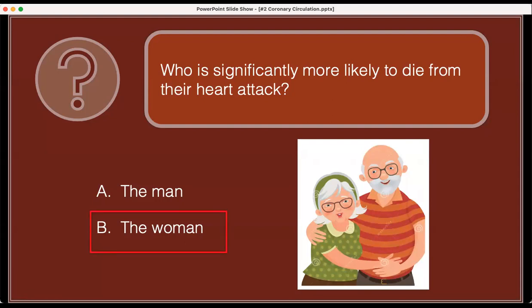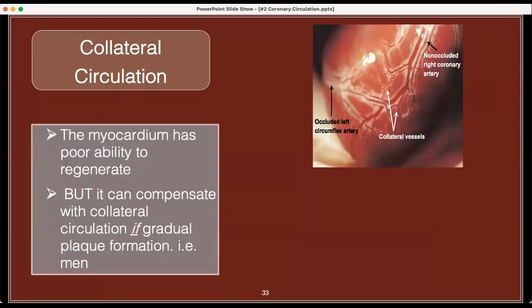And the answer is the woman, for a number of reasons. First, let's go through the collateral circulation. Just like with bypass grafting, your body is very smart. When it starts to notice that there is plaque developing, the arteries are insufficient, over time they start to develop their own collateral circulation.